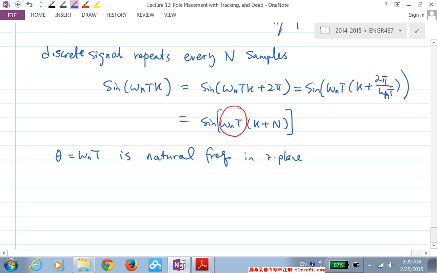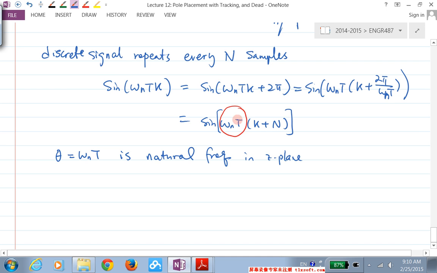What will be the unit for theta? First of all, everything inside the big bracket should be in radians, since it's an angle. The unit for k and N is samples, the number of steps.